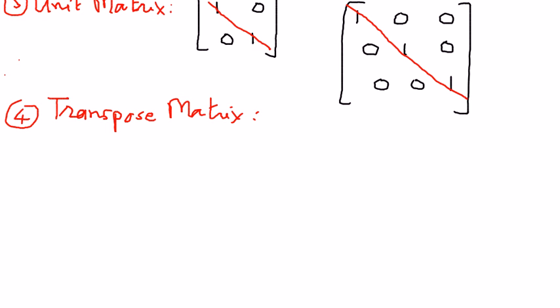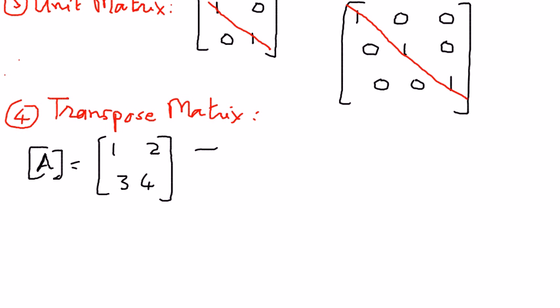Let's take a simple example. If A is a matrix with, let's say, 1, 2, 3, 4 as elements, then I can write the transpose of this matrix, with T on the top like an exponent, A^T.